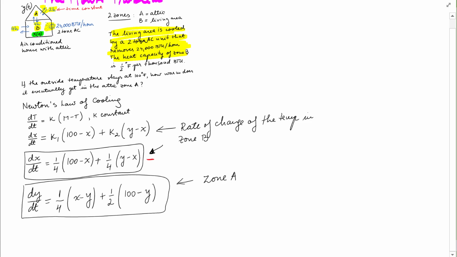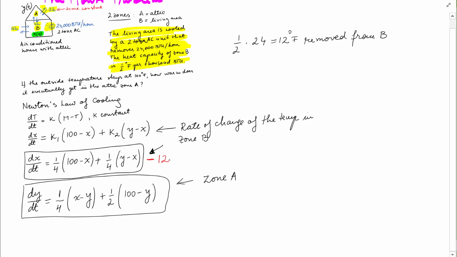This removes 1/2 degrees Fahrenheit per 1000 BTU. That's 1/2 times 24, which is 12. So basically, the AC removes heat at a rate of 12 degrees Fahrenheit per hour. This is removed from B, so here we have minus 12.